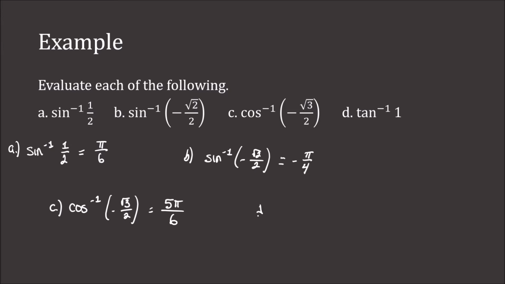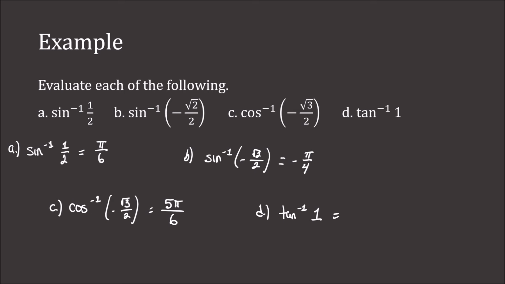And finally, the inverse tangent of 1. So tangent of what angle is 1? The range of the inverse tangent is minus pi over 2 to pi over 2. This is then a quadrant 1 angle.